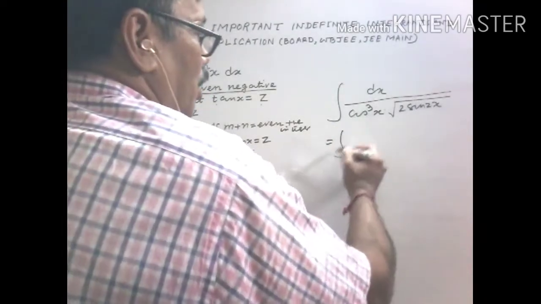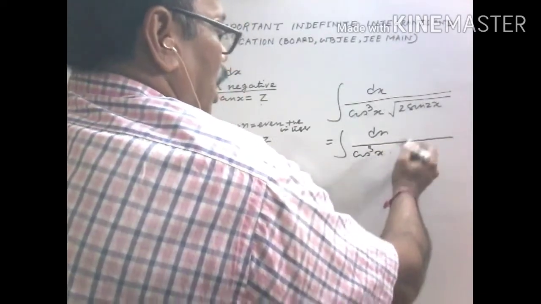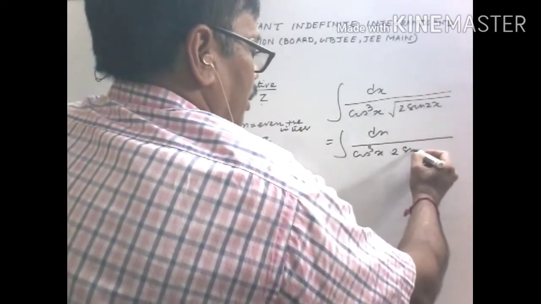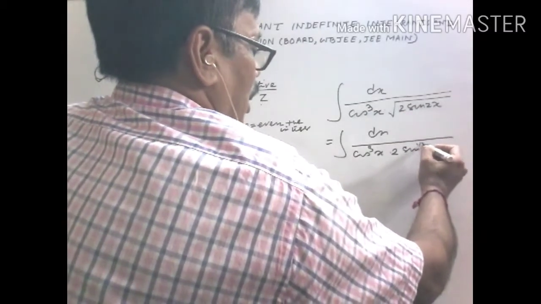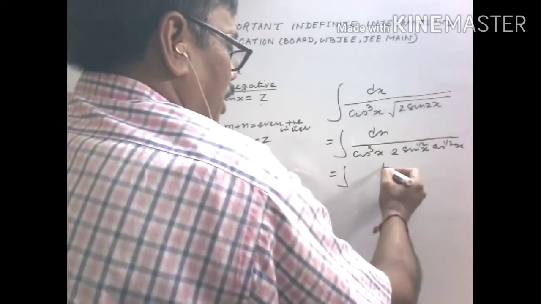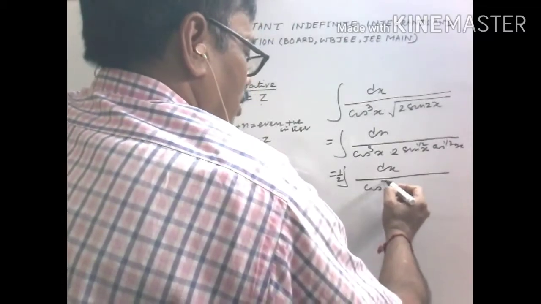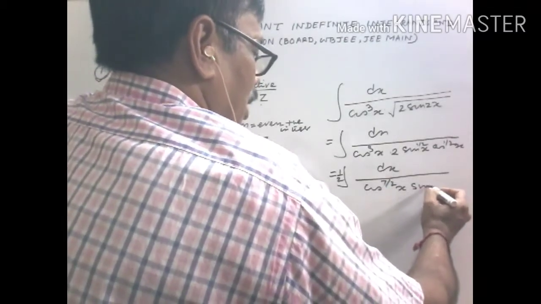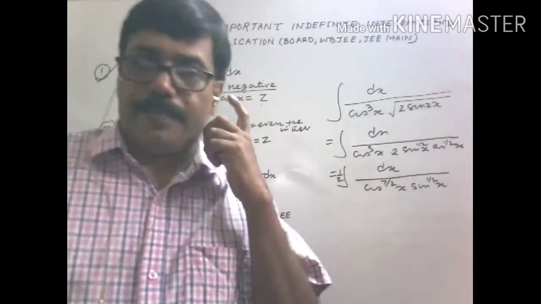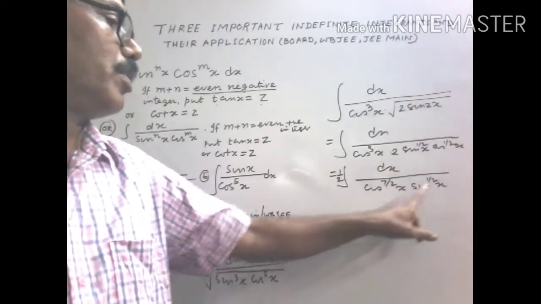So dx by cos cube x and 2 sin x cos x, since sin 2x equals 2 sin x cos x. So 2 outside, sin to the power half x cos to the power half x. So finally what you are getting, half outside, cos to the power 7 by 2 x sin to the power half x dx.